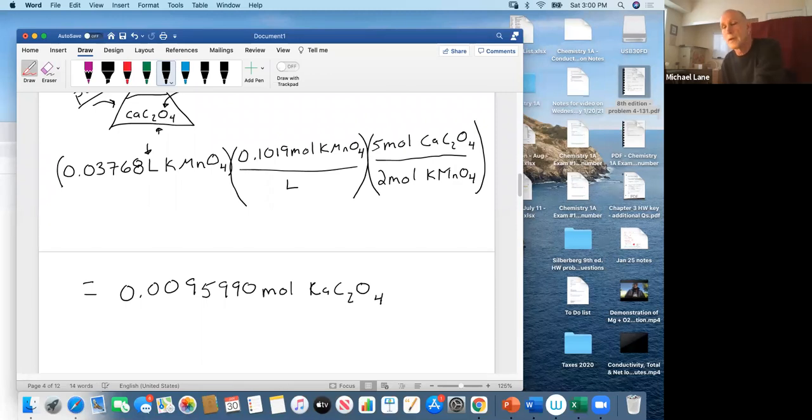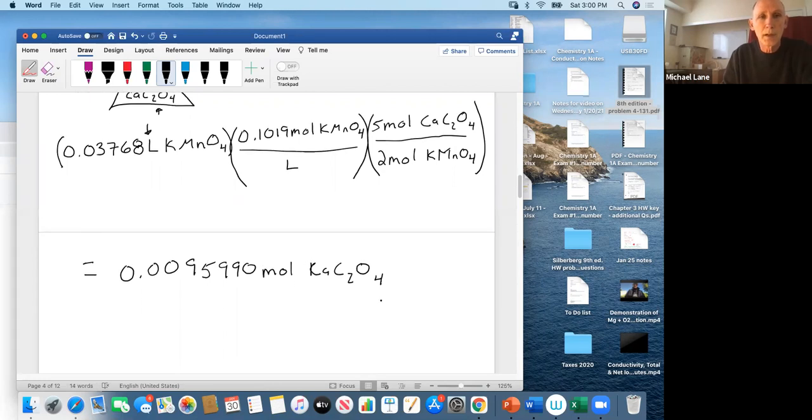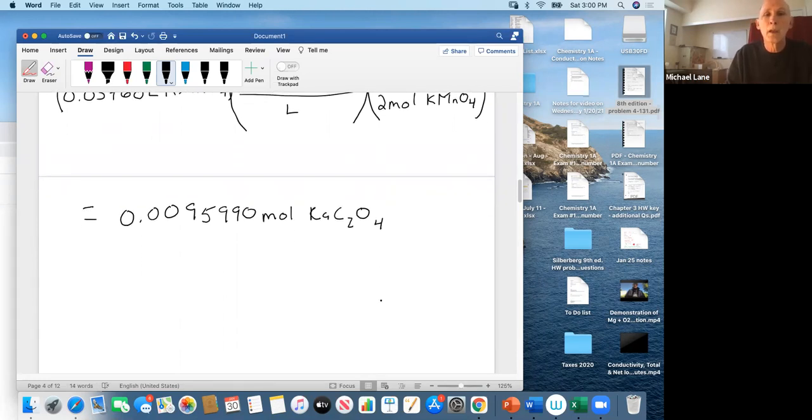I'll round things off later, but I will point out that titrations tend to be a rather precise technique. And so anytime you see a titration done, you should be thinking precision and significant figures. So this gives us the number of moles of calcium oxalate. It's easy at this point in the problem to forget where we've come from.